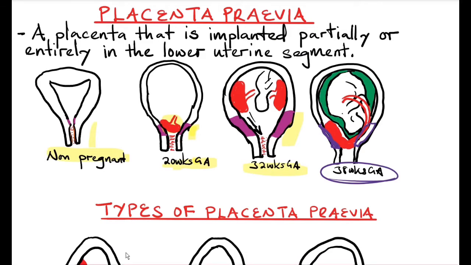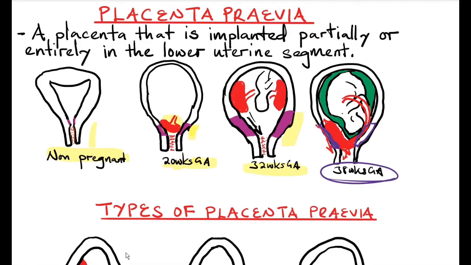Okay, so what happens is that the fetus exerts some pressure on the placenta, and even when the lower uterine segment is stretching, as it stretches, the placenta also gets stretched. So this causes some small cuts here, what we call shearing of the placenta, which causes some bleeding.